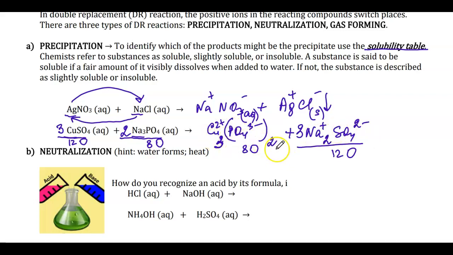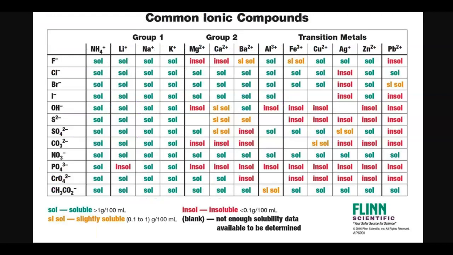So it's copper phosphate and sodium sulfate. So sodium, and you can see for sodium all compounds are soluble, so that's not about sodium. Then we need to find what's about copper. So copper 2 positive, right? And I am finding PO4. Yes, is it? Yes, let's check it. I'm going to the left.